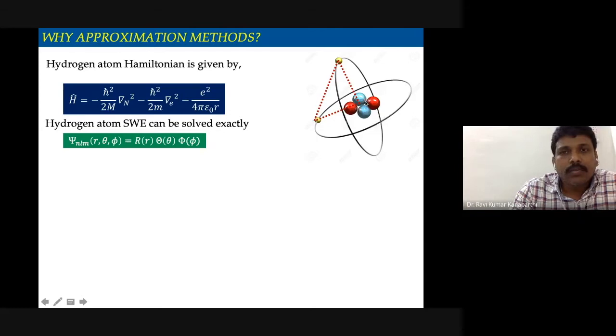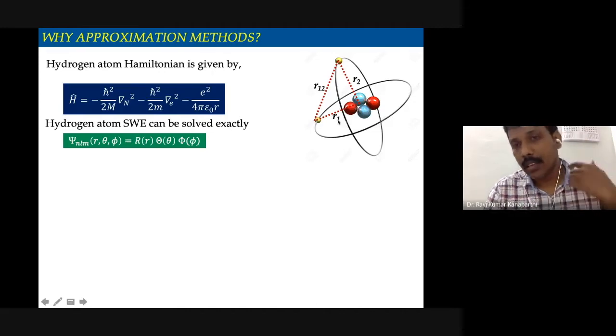Now let us label these distances. I consider this as my electron number 1, and the distance between electron number 1 and the nucleus is labeled R1.